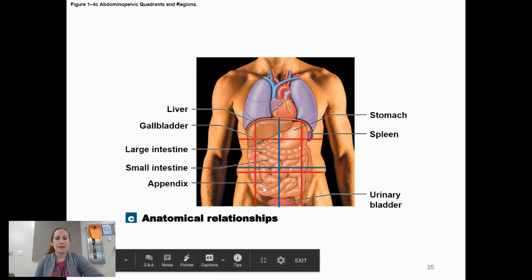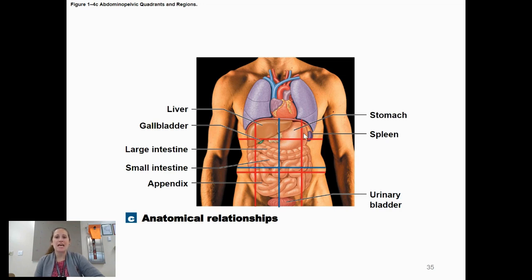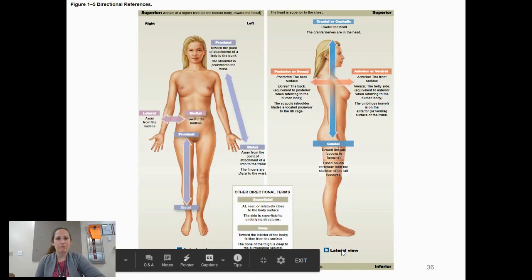Here is the appendix down here in the right lower, a good chunk of your appendix, and your intestines down here on the lower left. And then you can see the stomach and the spleen located on the upper left corner. So again, doctors are palpating and using those quadrants to help narrow down, when you say I have a tummy ache, where exactly that is located.